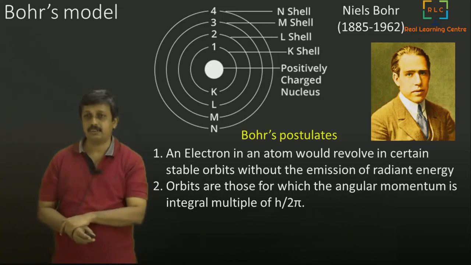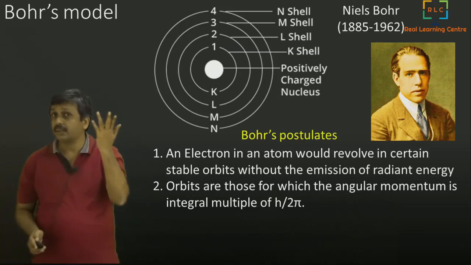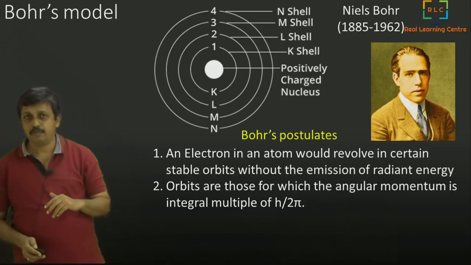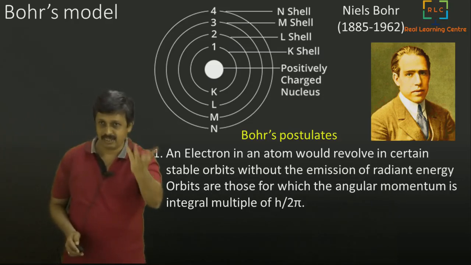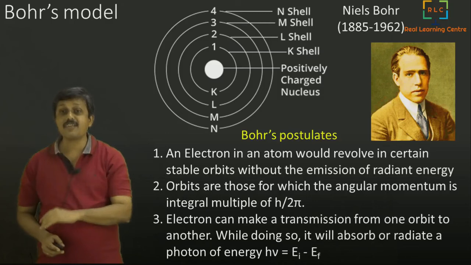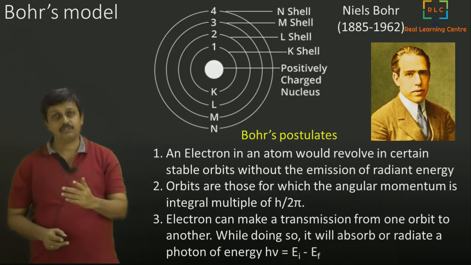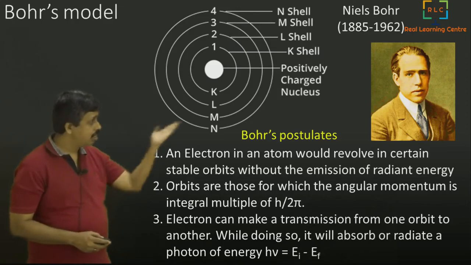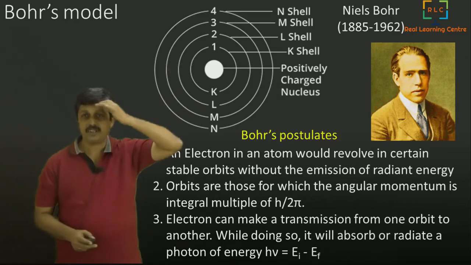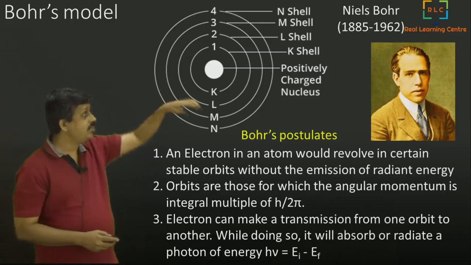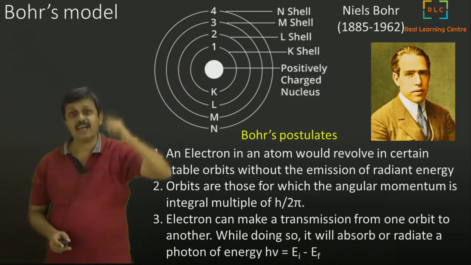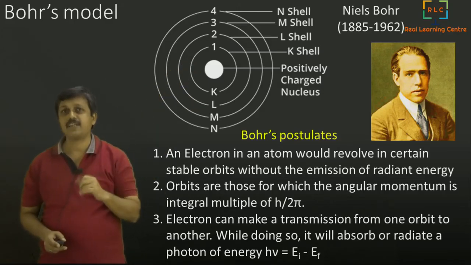But now where is the light coming from? In the Balmer series, you saw that there is a spectrum giving light. How is it giving that? He says whenever an electron goes from one stable orbit to another stable orbit, either from lower to higher or higher to lower, there is a radiation possibility.